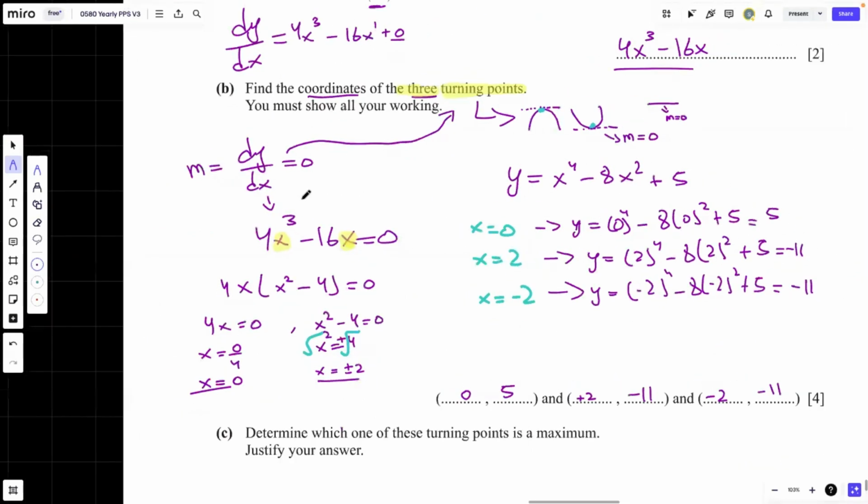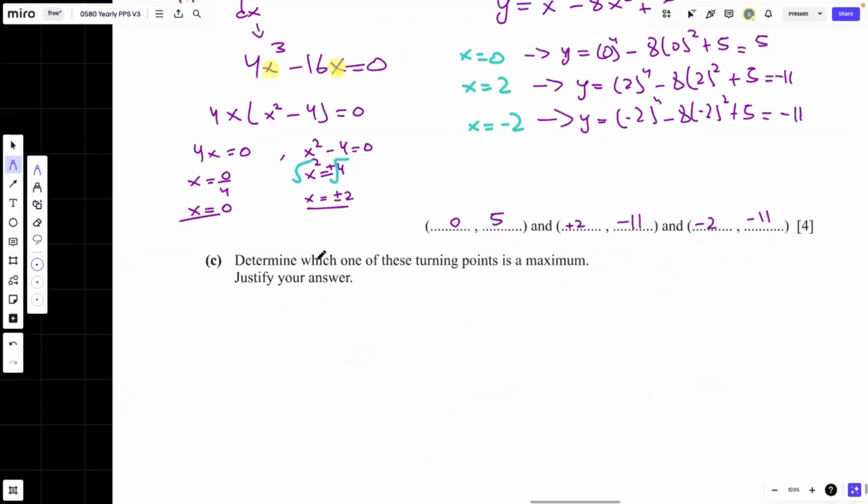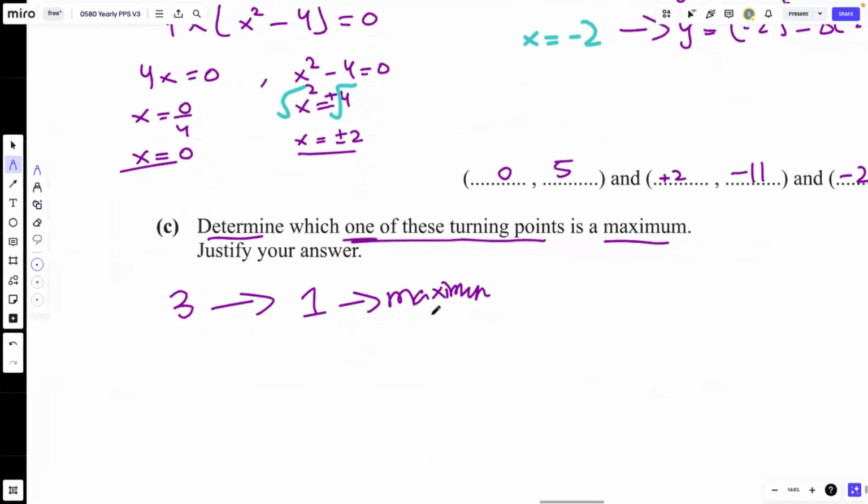So the entire concept was equating a derivative to zero at the turning point, and I explained the logic as well for that. Now we are supposed to determine which one of these turning points is a maximum. Out of the three, one is actually of maximum nature. The other two are going to be of minimum nature.